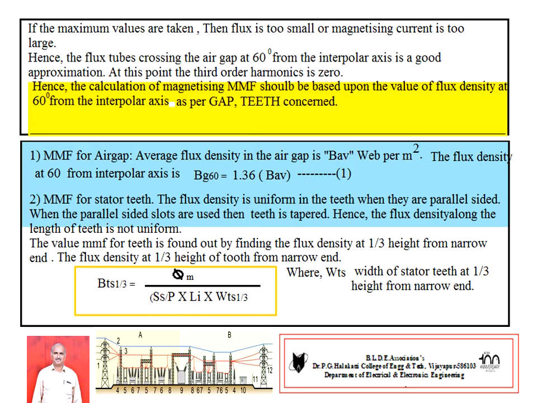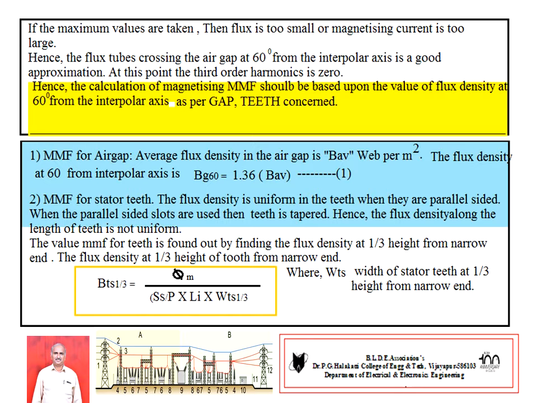Then MMF for stator teeth, it is a very important factor. The calculation of flux density in stator teeth depends upon stator slot and stator teeth. If the stator slot is parallel, then the stator teeth are also parallel. Hence, the flux density remains the same because the width of teeth remains the same and the area also remains the same.